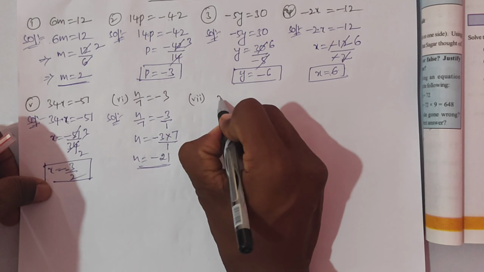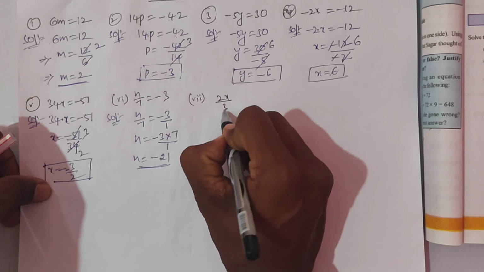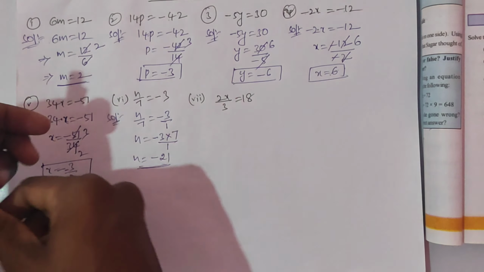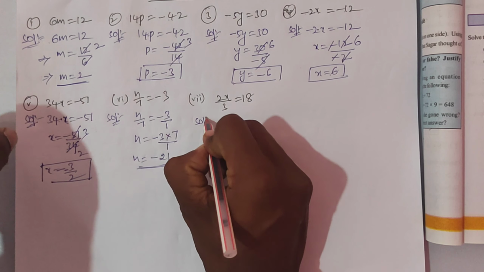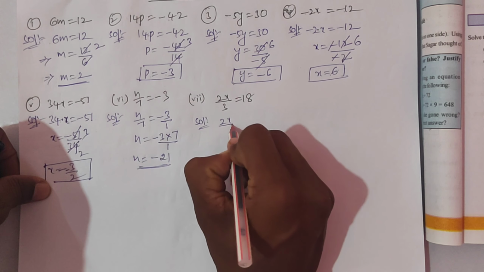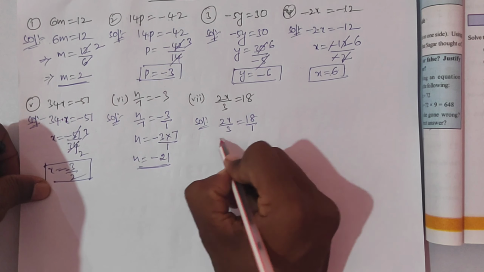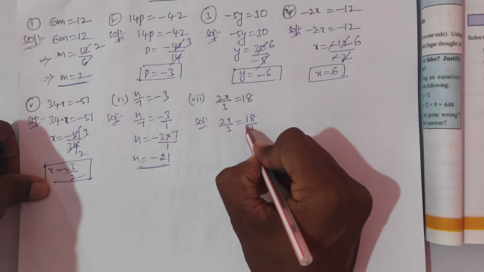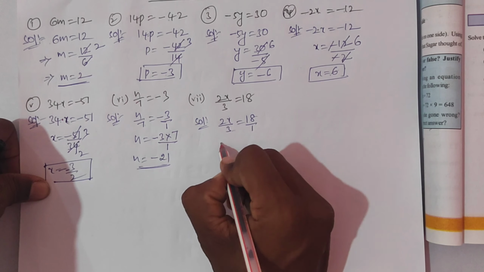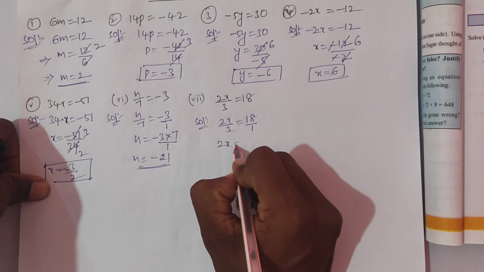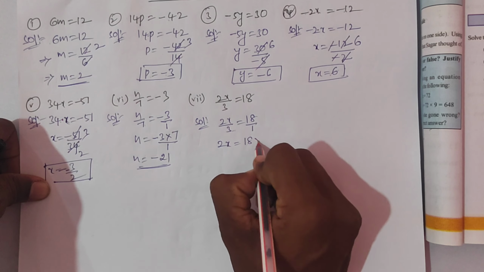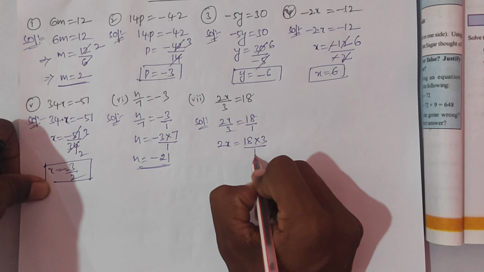Next, seventh one. Seventh question is what? 2x by 3 equals to 18. Same process. 2x by 3 equals to 18 by 1. Now again, division becomes multiplication, but I'm doing a cross multiplication. Then 2x equals to 18 into 3 by 1.